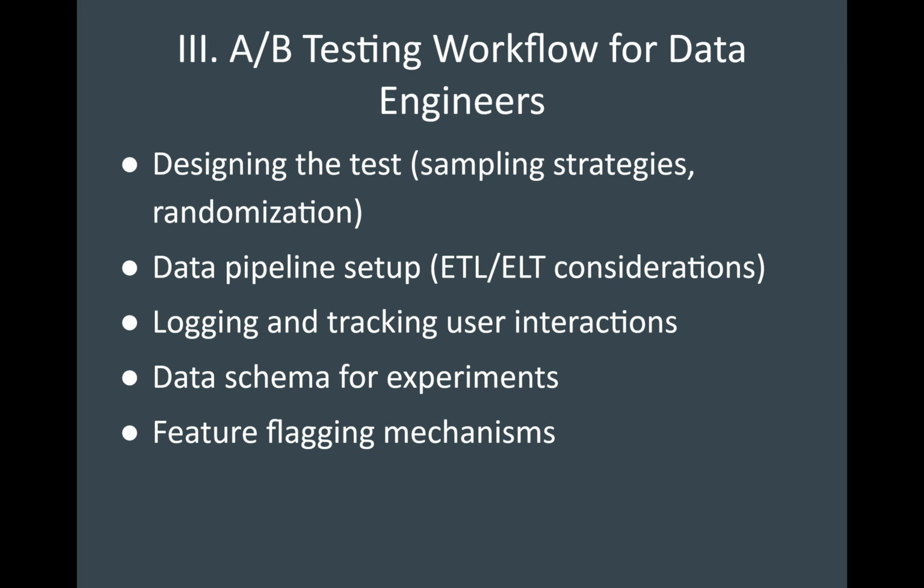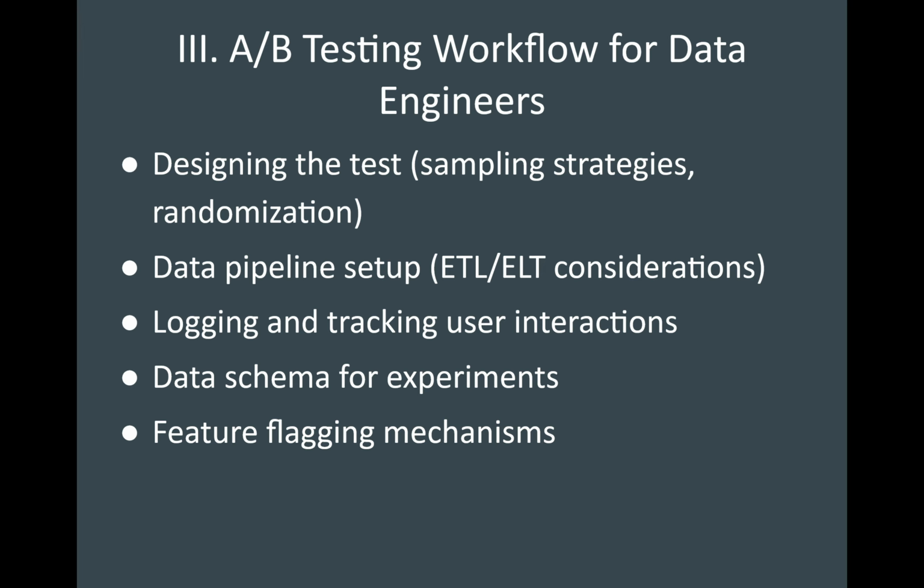In terms of the A/B testing workflow for data engineers, normally we go through the test design, where we use random sampling, which ensures an unbiased distribution of users across the variants. Then there is data pipeline setup, either ETL or ELT processes, which extract and transform logs into usable datasets.